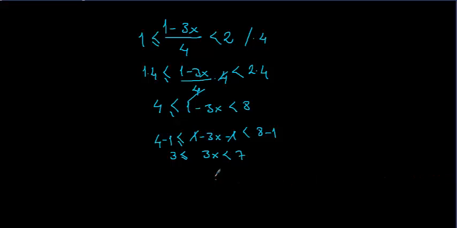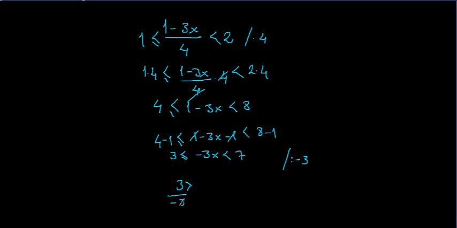Okay, now we have minus 3x, so we are going to divide all sides by minus 3, and when we are dividing by a negative number for inequalities, you know this one, we should change the direction of the sign.